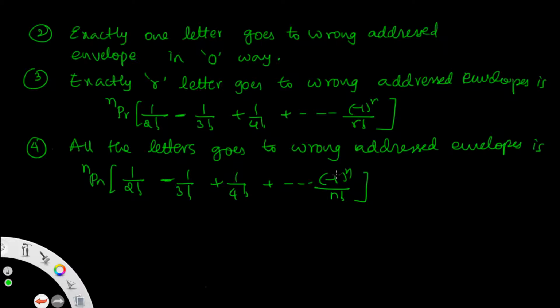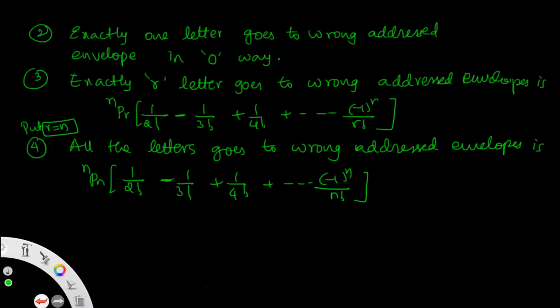So put r equal to n here. This is where all the letters go to the wrong addressed envelope, denoted by derangement of things. nPn is nothing but n factorial, both are the same. This is the derangement of things.